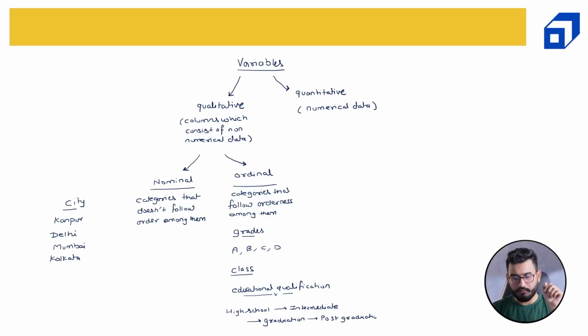These four categories will definitely have an order among them. So these are known as ordinal qualitative variables.